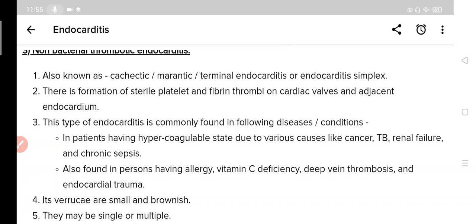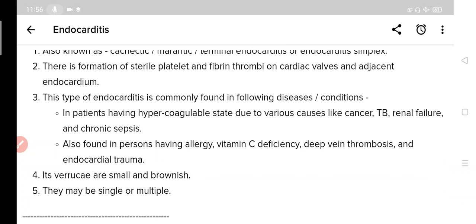So, that is why, because all these conditions are associated with weight loss and wasting away of the body. So, this type of endocarditis is also known as cachectic and marantic, and also terminal, because in earlier times they didn't have much treatment for all these conditions. So, most probably the patient expired. That is why it is also called terminal endocarditis.